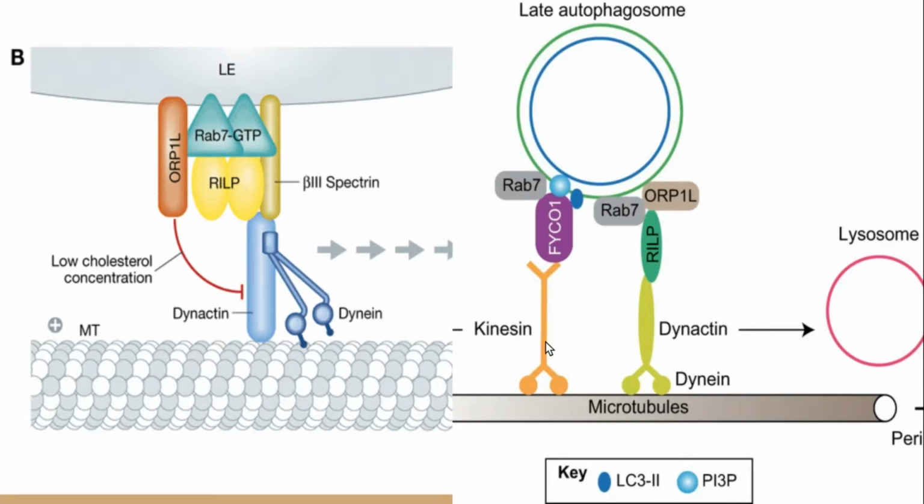Remember, anterograde transport of lysosomes occurs through the BORC and ARL8 adapters that link up with kinesin. Or in some other cases, Rab7 links up with kinesin through the FYCO1 adapter, which is shown in this image. And this process occurs during nutrient flux, when nutrients are abundant.